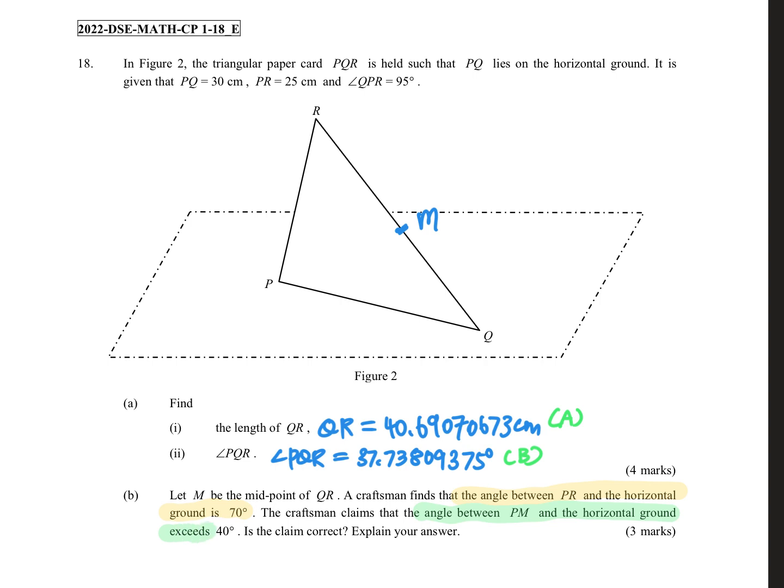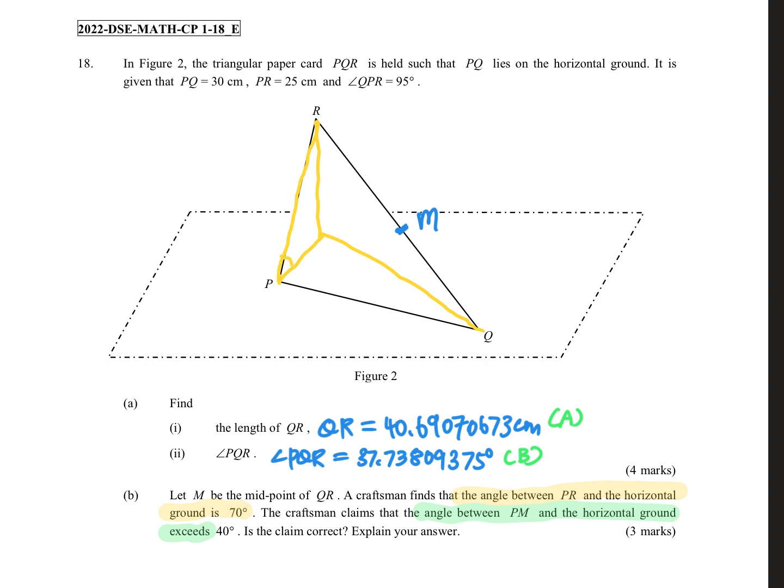First of all, PR is here. We need the projection of R on the horizontal ground, and try to link it to Q as well. Let's label the angles first.